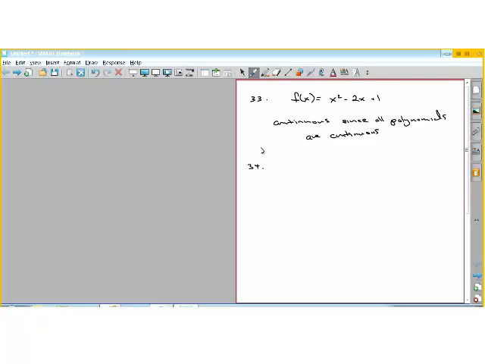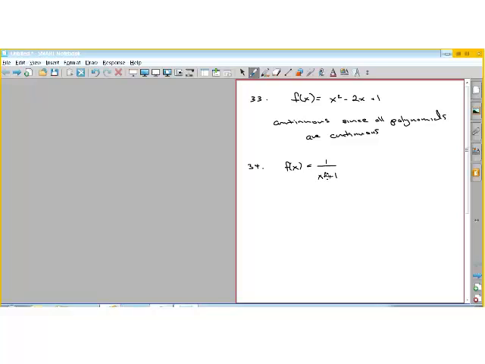Okay, so 34 is f of x equals 1 over x squared plus 1. So this is a rational function, so it has a possibility of being discontinuous. There are two places it could be discontinuous: a case where you have a common factor, but the numerator is just a constant, so that's not going to happen.